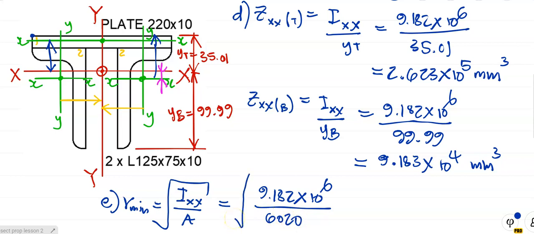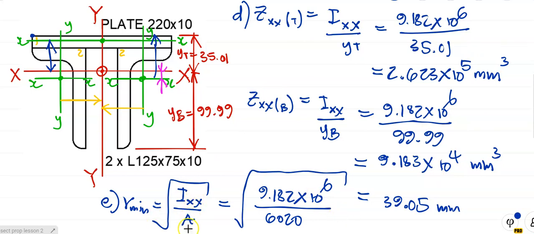So it's the square root of the whole lot. And I get about 39.05 millimeters. So if you get 39.1, or 40, or 38.7, that's okay. That's all the rounding off as you go. So people, that's R-min.